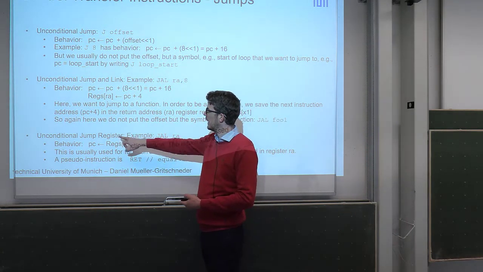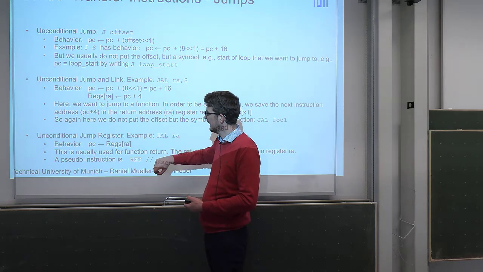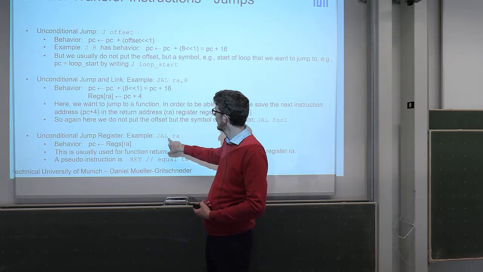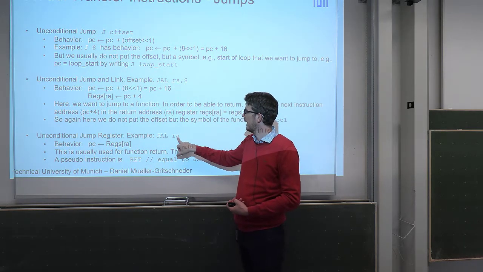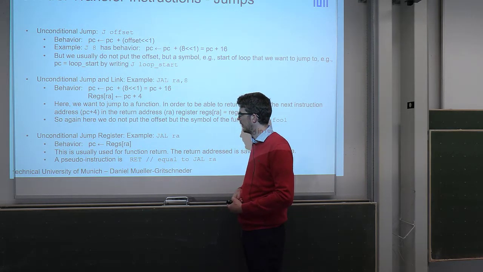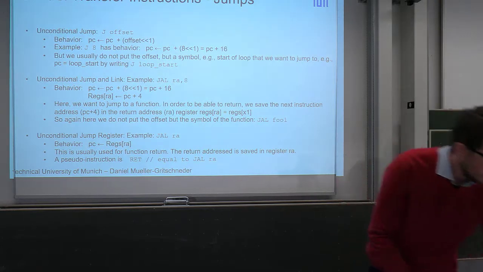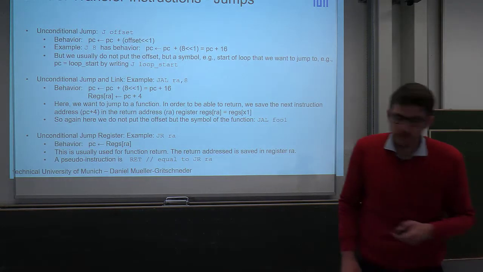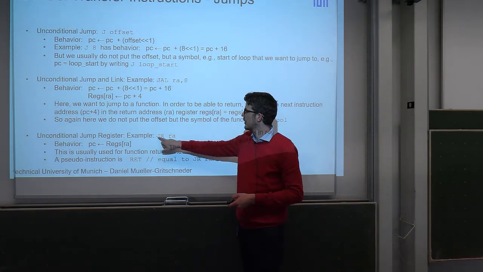Then also you have to jump to a register. So for example, if you're at the end of the function, then you have to say, now I have to go to the return address, and then you can take the jump instruction and put the register there. But I think this is not correct, I think the code is actually JR. Pretty sure about this, I have to check it, but I think it is JR for jump register.